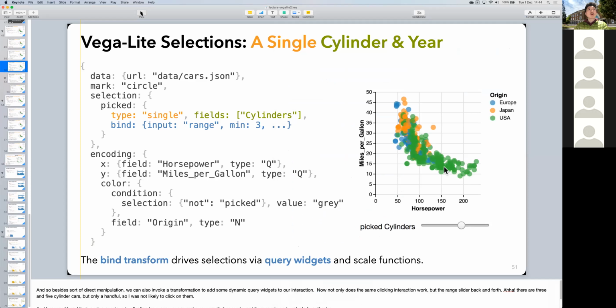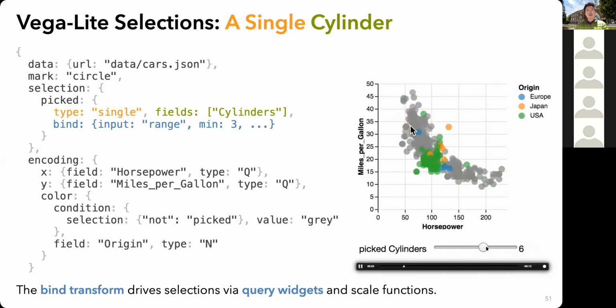So what you can also do is create a slider like this by using bind, and then you set up the range, which is the minimum and maximum value you would have on there. Then you can use that to select the values in the visualization.